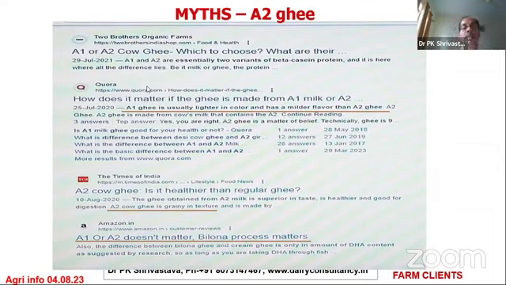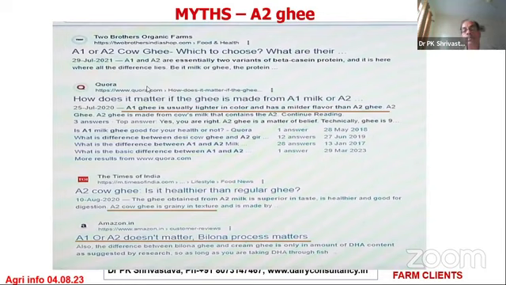What the myth says, A1 ghee is usually lighter. No, wrong. A2 cow ghee is grainy in texture. No. It depends on what temperature you have kept the ghee at. Suppose you are storing it in the fridge at 4 degrees centigrade, the granulation will be formed. At the time of formation of granulation, if you cool the ghee, it will be granular ghee.